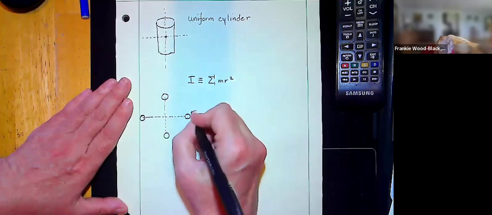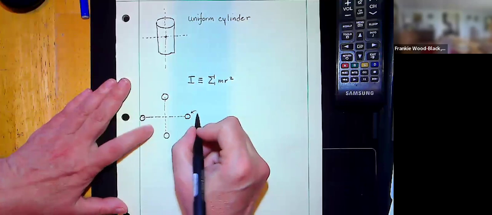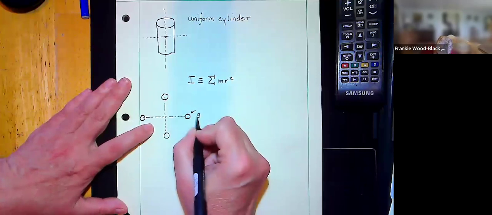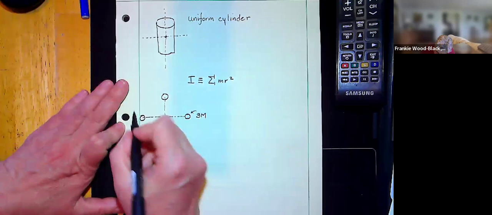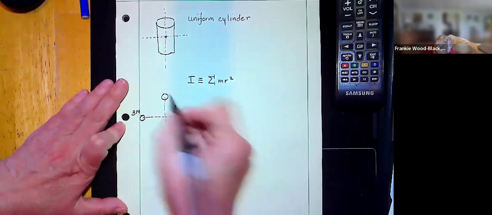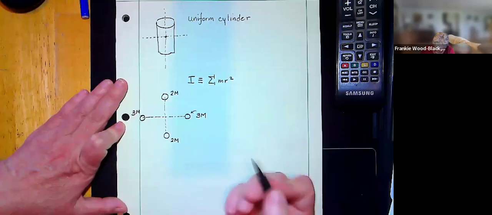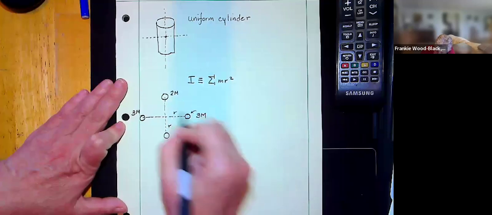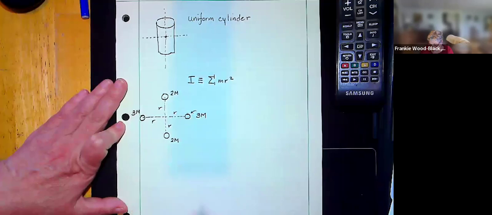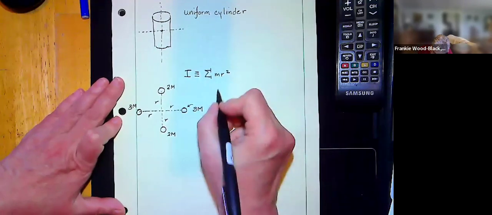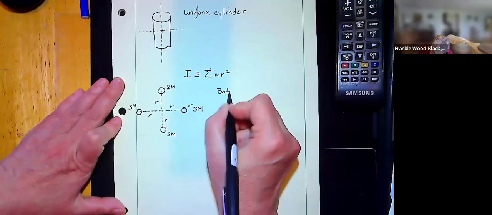This baton is going to have 3m on this side, 3m on that side, 2m for this one, and 2m for that one. And each one of these items is going to be a distance r. So this is a baton.